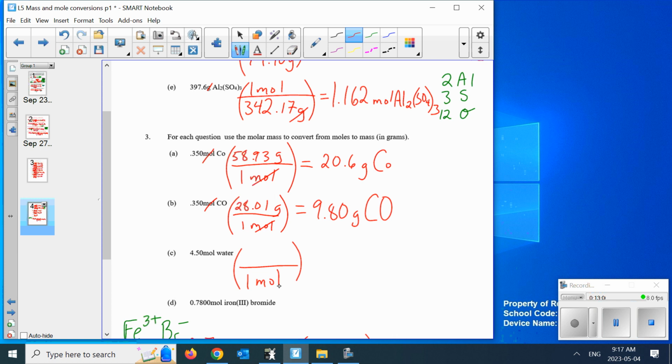And H2O, so 2.02 plus 16 is 18.02. Which is equal to 81.09, but I got to cut it back. Always respect the count.